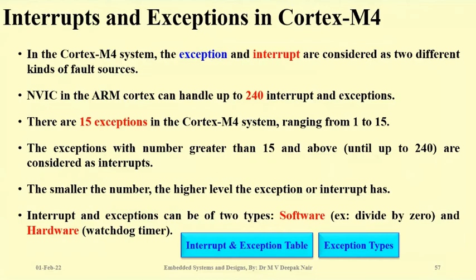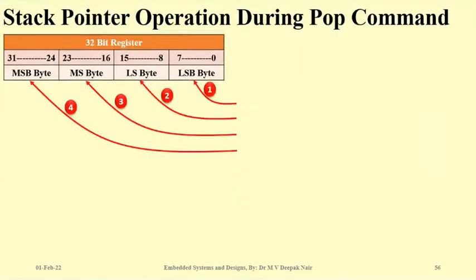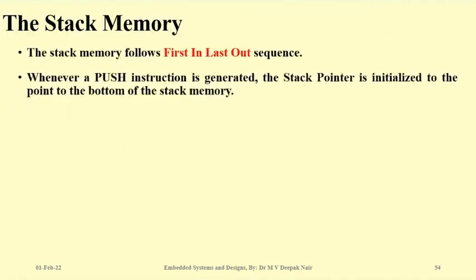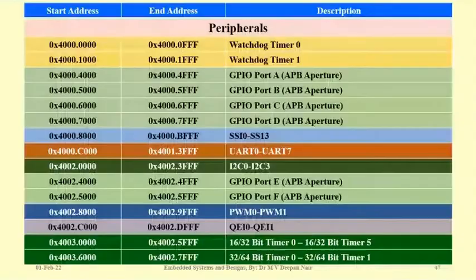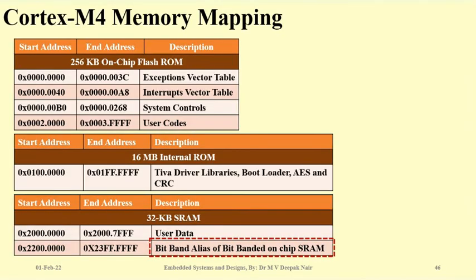Okay, I discussed these parts, the memory architecture for the ARM, and I told you these are different memory regions, right? There is a region for flash, there is a region for ROM, there is a region for SRAM.